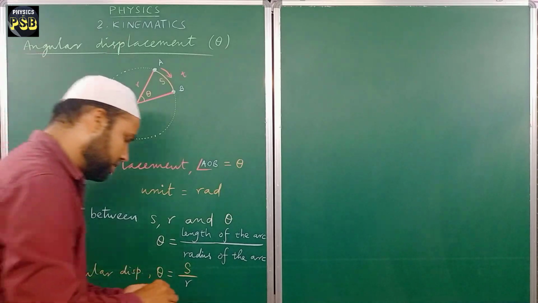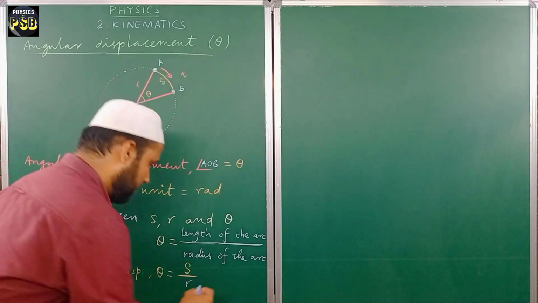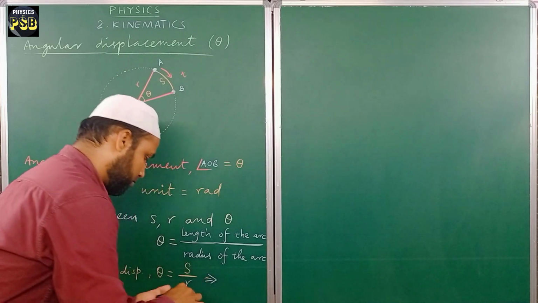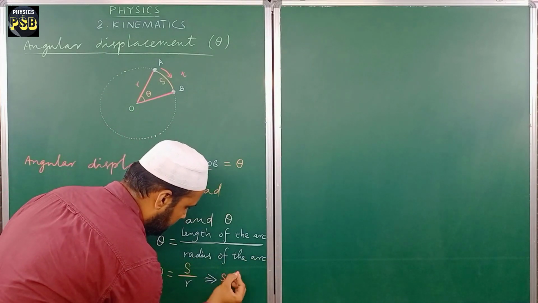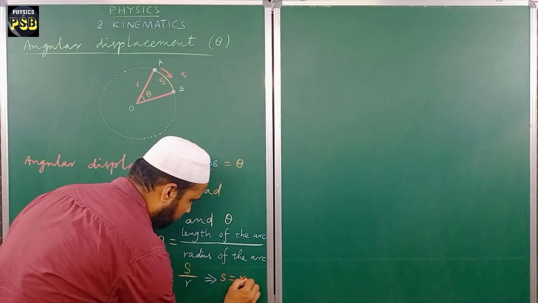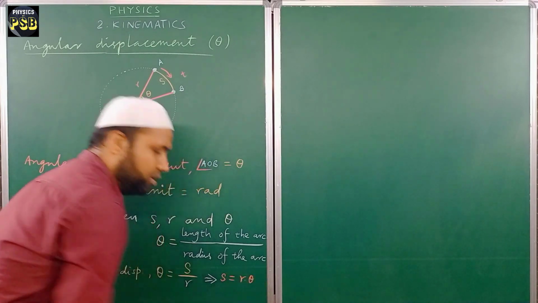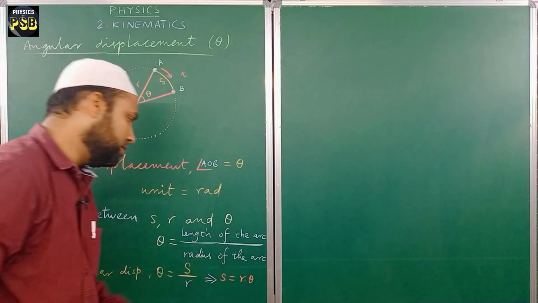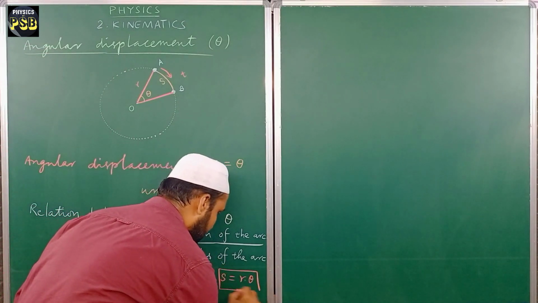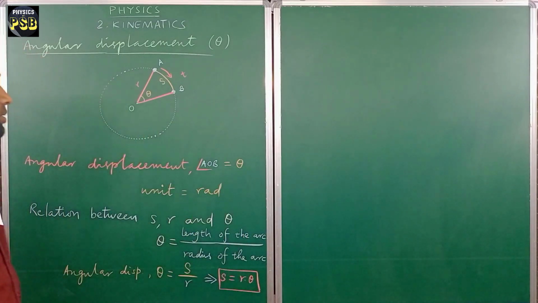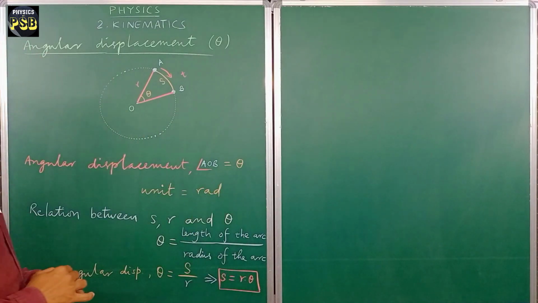Clear? From this, the displacement, that is length of the arc, is found to be the product of radius of the circular path and angular displacement. I box this for better visibility. Clear? So that's all about the angular displacement.